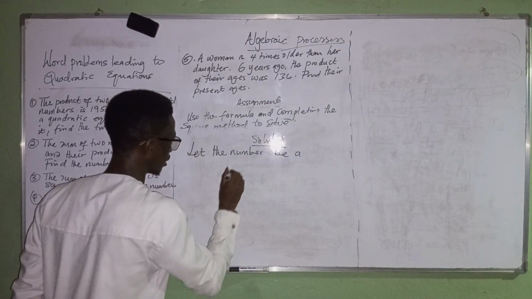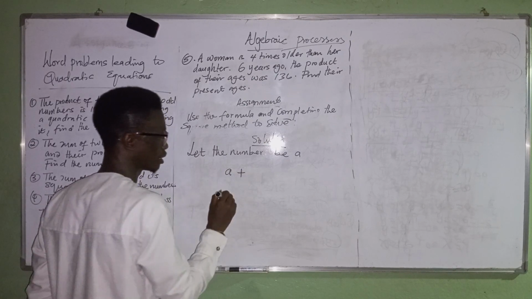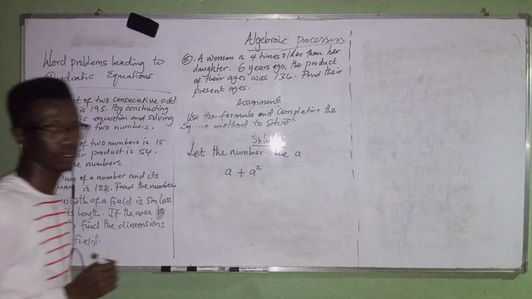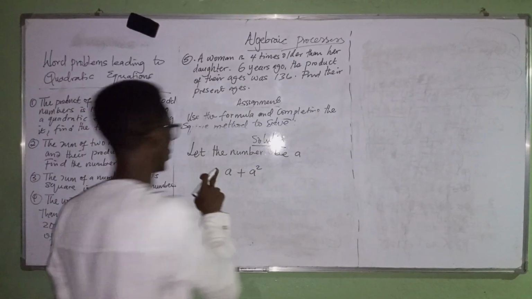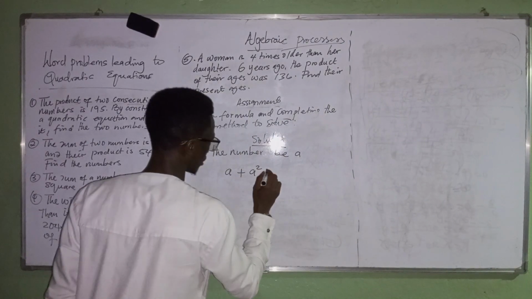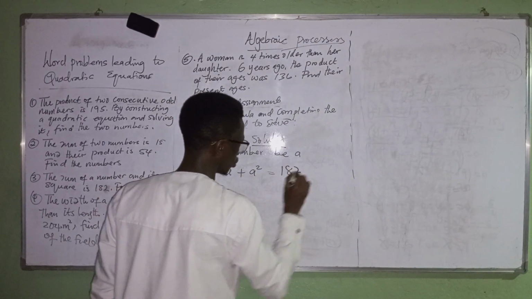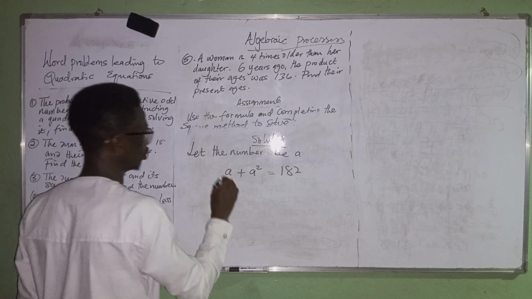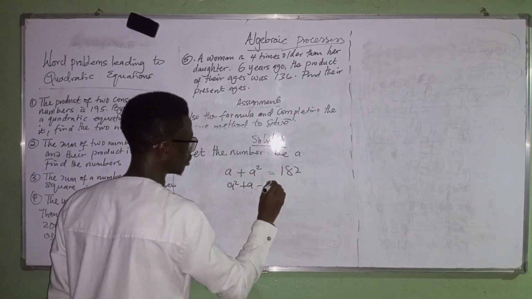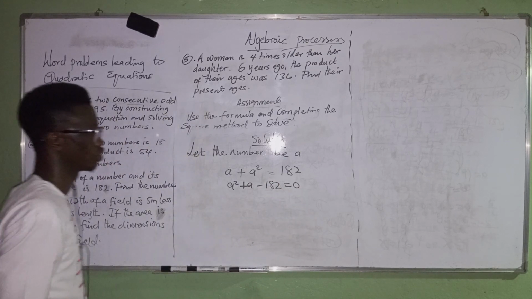So you have a number and its square. Remember, you are summing. The square of it is A times A. So you have A, that's the number, and its square, and the sum is 182. This is very simple. So this becomes A squared plus A. If you bring this minus 182 equals 0.